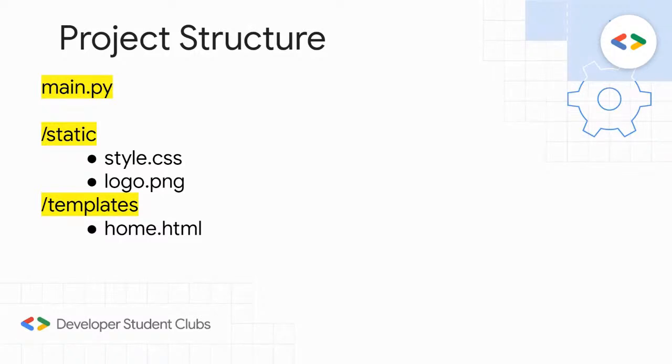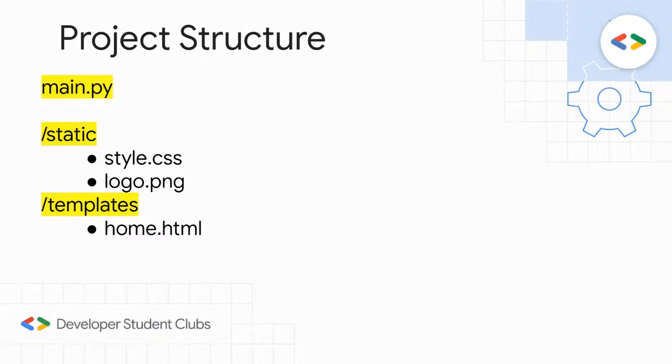Then we have this folder called static, which basically holds all the static content of the website, and that is any type of non-dynamic thing. So, CSS style sheets, which define the style and the design of the page, or JavaScript, which runs on the browser.